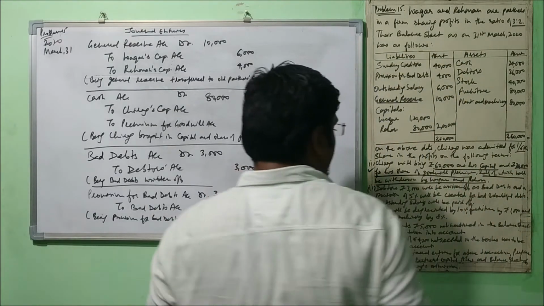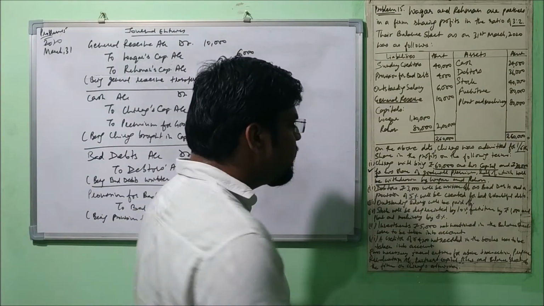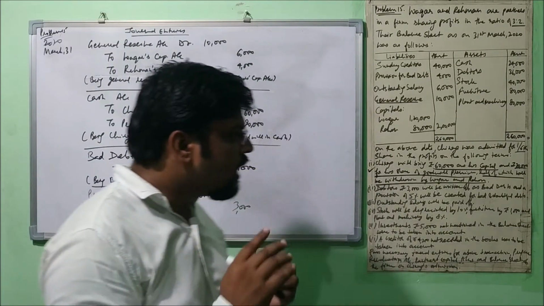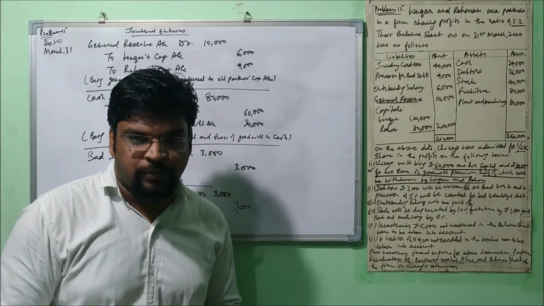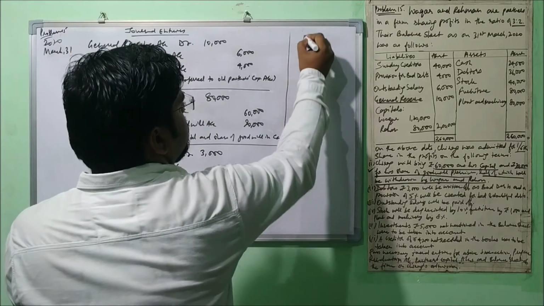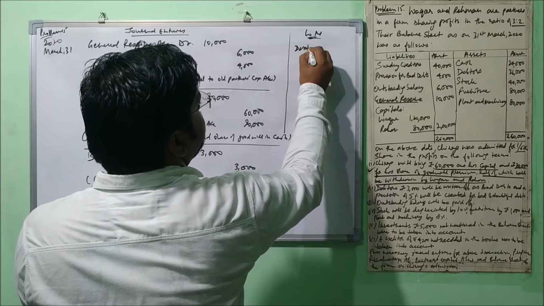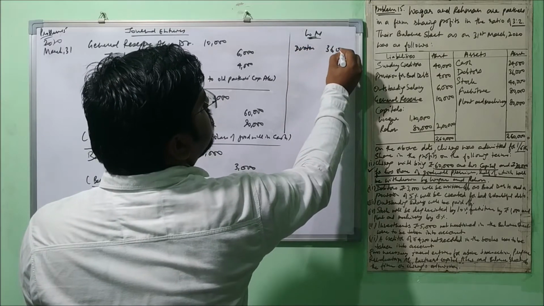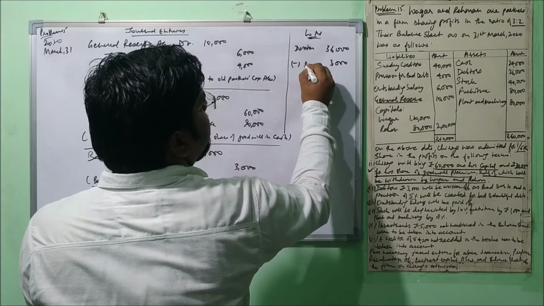Now let's come to this point. This point says that a new provision has to be created at 5%. So from now onwards we have to have the provision at the rate of 5%. We have to see here in working notes. Debtors value was 36,000. Out of that, 3,000 became bad debt.